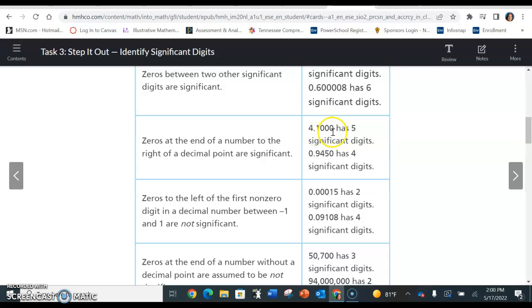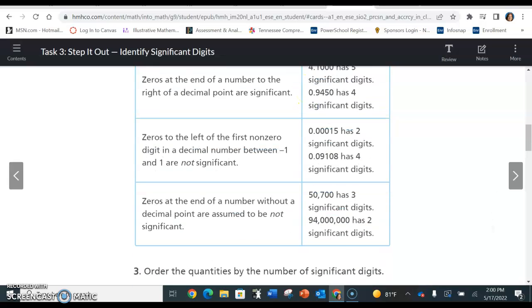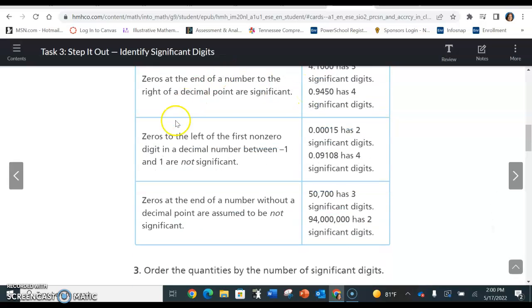So these zeros are important because it's to the right of the number after the decimal. 0.9450, those are your 4 significant digits. Again, the 0 in front of the decimal, just like here, is not considered a significant digit.